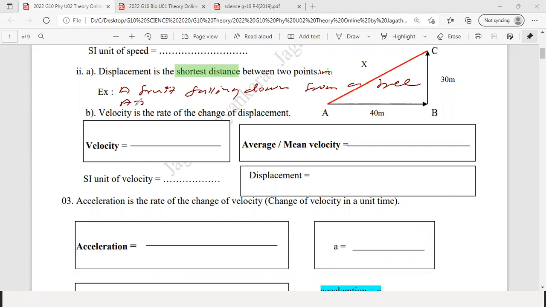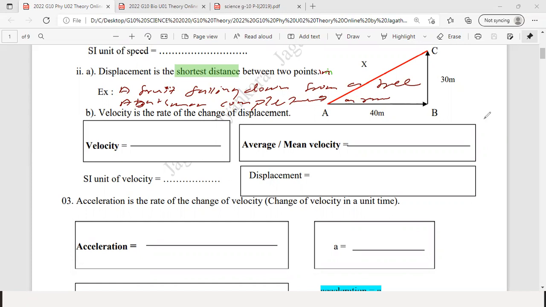A batsman completing a run fast, one or two runs in a straight line. So those are the examples for displacement.